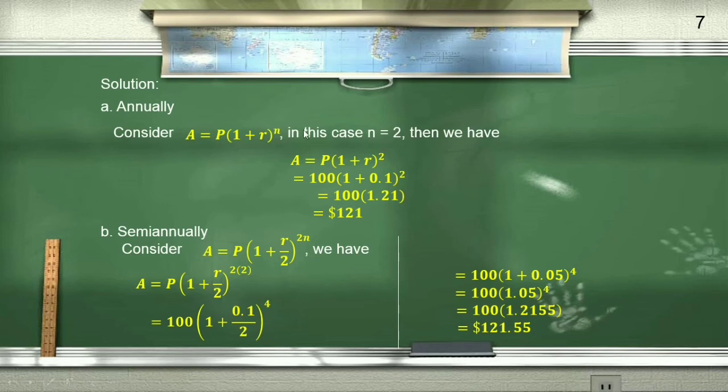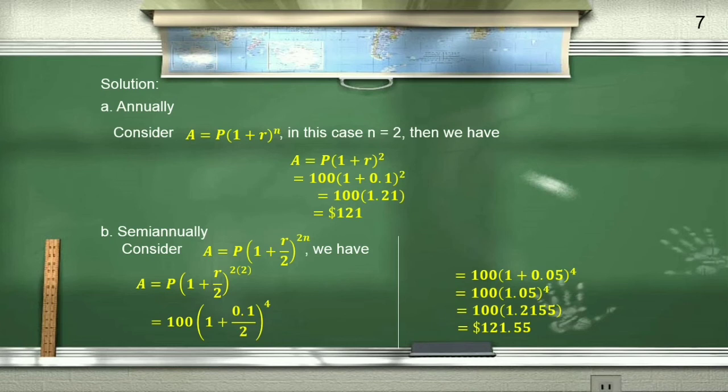Since our capital P is 100, we multiply 100 by (1 + 0.1)^2, and this term is equal to 1.21, and we multiply 100 by 1.21, it becomes 121, right?